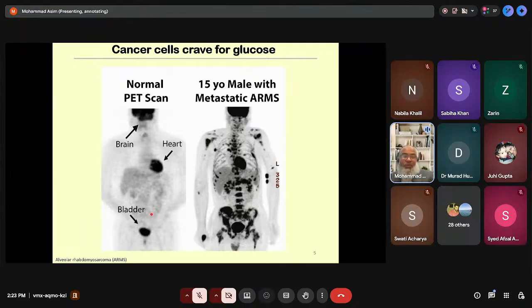If I show you this slide, sadly, of a patient who has ARMS, the type of cancer of the alveoli, you can see here, in addition to the heart, brain, bladder, the cancer cells are actually lit up by FDG PET. All these cells, what you can see here, they are consuming a lot of glucose.